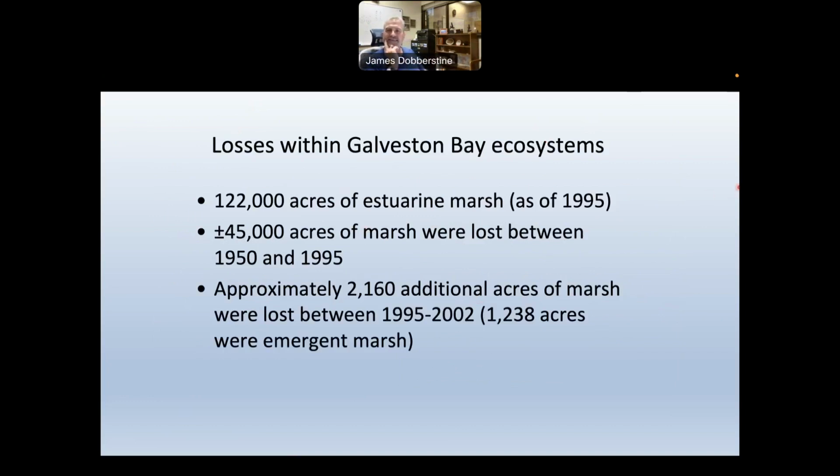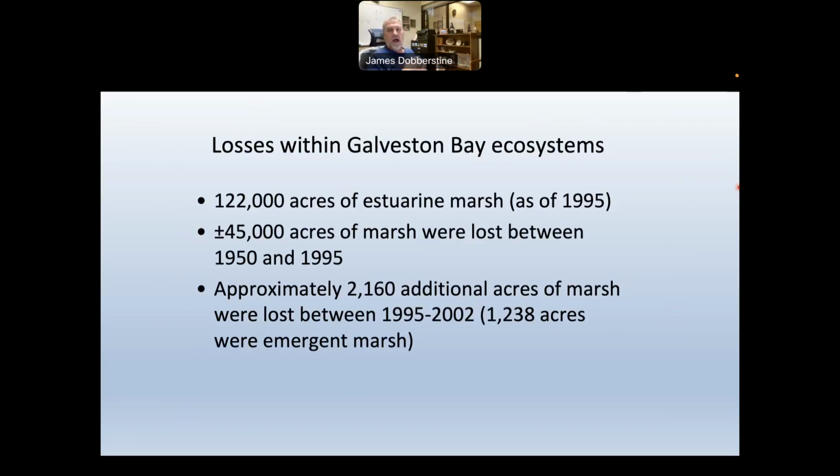So I want to kind of set the stage here. We live in the Galveston Bay system, and I utilize that as my primary setting, so to speak. You would have seen this before from me, but as a reminder, Galveston Bay has lost well over 100,000 acres of estuarine marsh, and that was back in 1995, which you saw from some updated data earlier that those losses have slowed down, but they've continued.